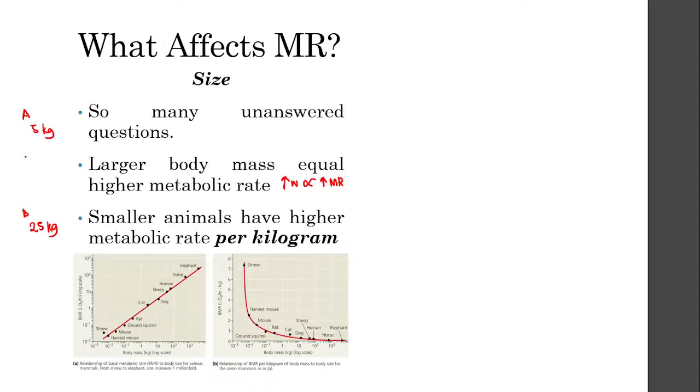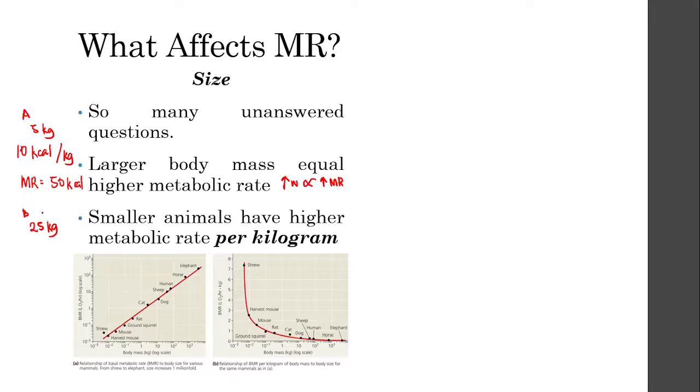Animal A, since it is much smaller in size, has a metabolic rate of, let's say, 10 kilocalories per kilogram, which tells us that the metabolic rate of animal A is equal to 50 kilocalorie, or 50 joules, whatever units that you use.